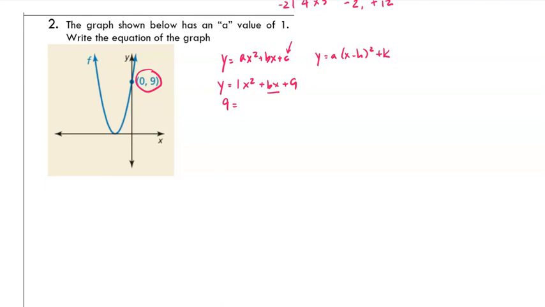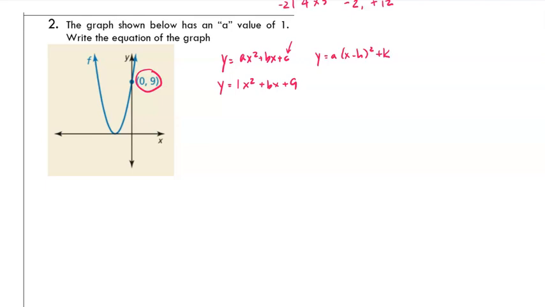So it's not going to help us. Okay, so I'm thinking, I forgot how to do it. And a student just says, you use the vertex form. Couldn't you use a vertex form?